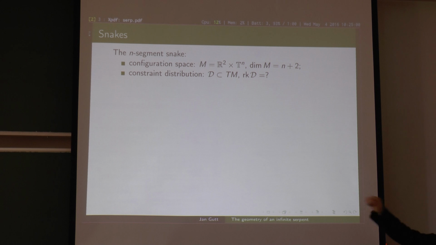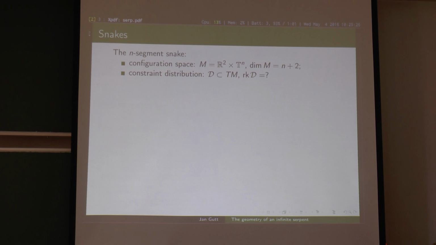Well, I assume that those snakes can self-intersect and do all sorts of forbidden things. Really, everything will be totally local in what we do, so we don't really have to think too much about this thing being a torus. So now, the dimension of the configuration space is the number of segments plus 2, as we can see from that. And now we have this constraint distribution.